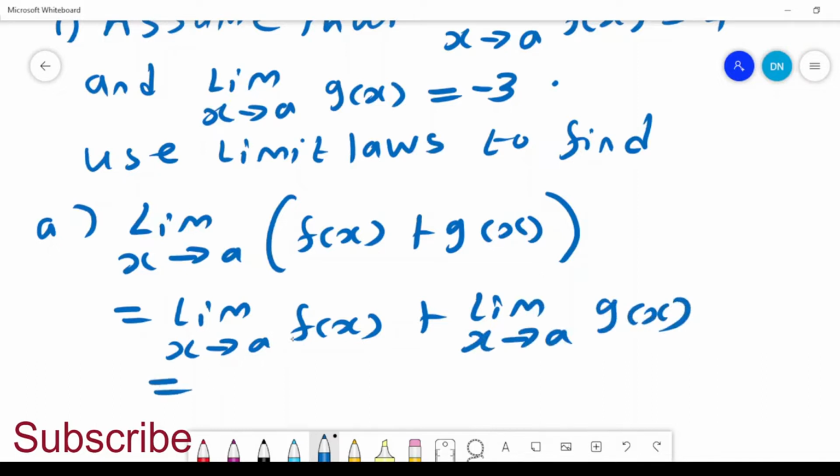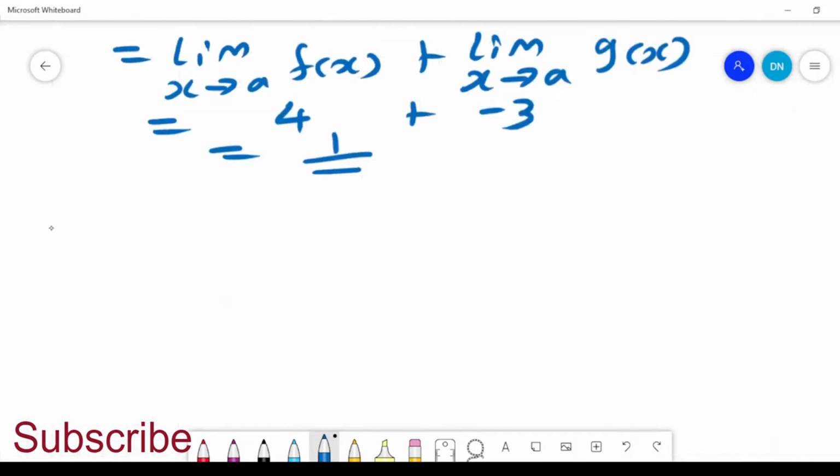And we know that limit as x tends to a of f of x we have been given as 4, and this one we have been given as negative 3, and that gives us the answer to be equal to 1.